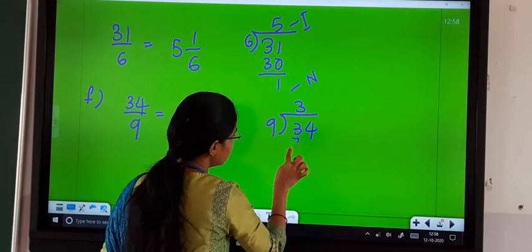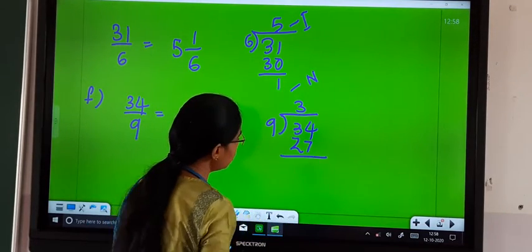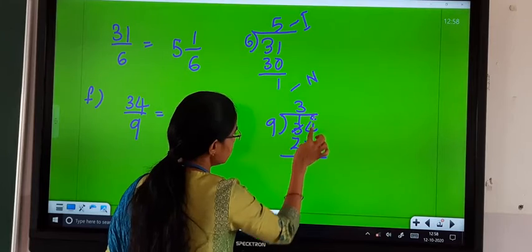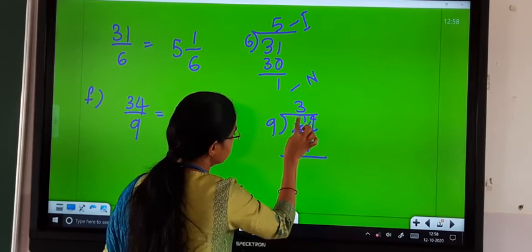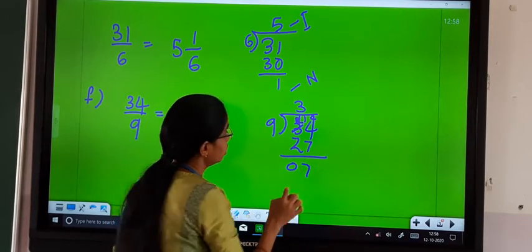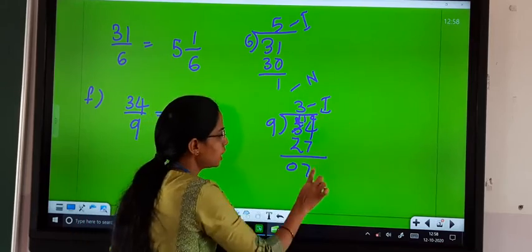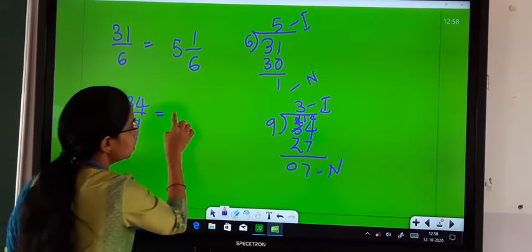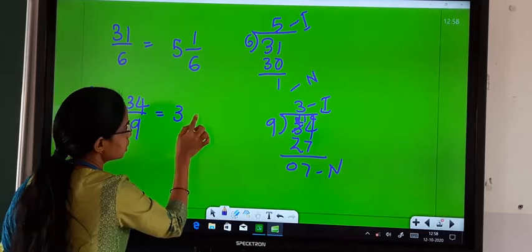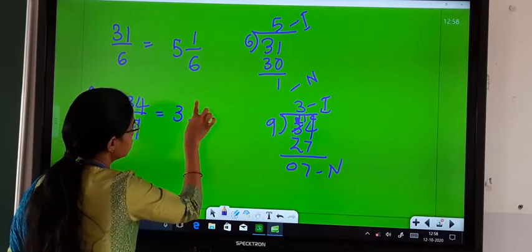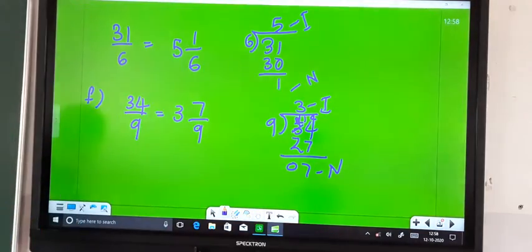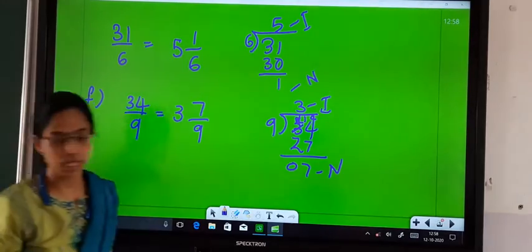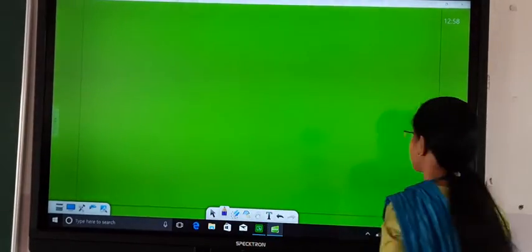You must be well versed with the table. So when you subtract, it is 7. So here it will be the integer part, here it will be the numerator. It is 3 integer, and 9 will be as it is, 7 by 9. So we move to the last exercise.